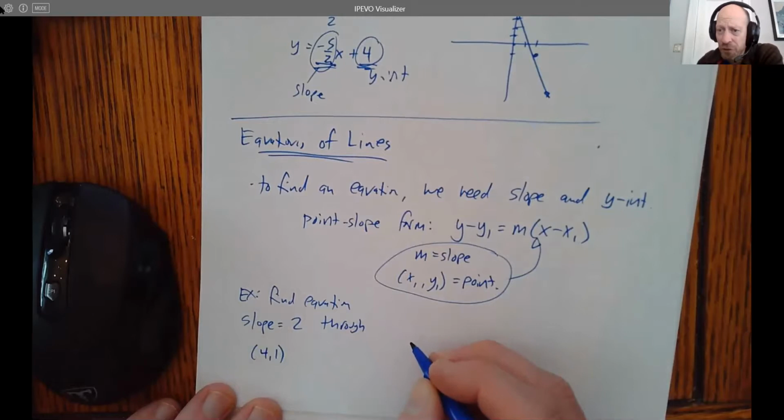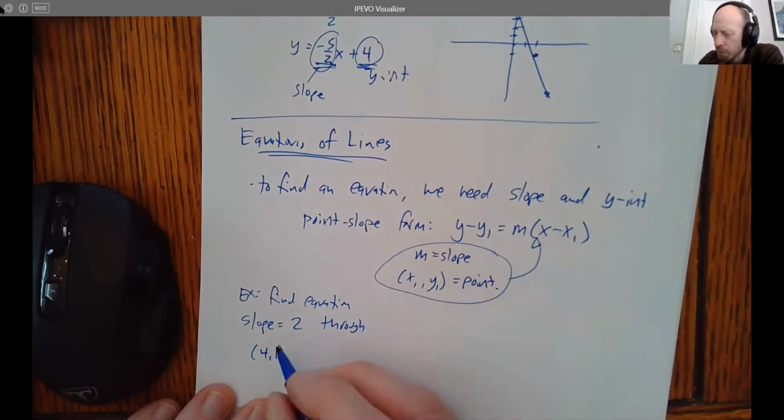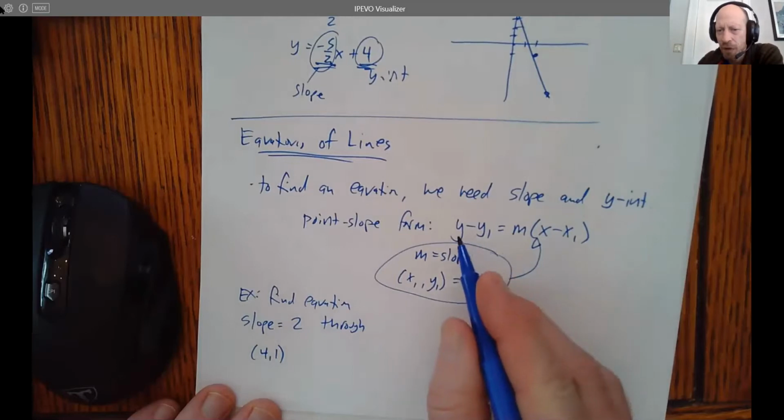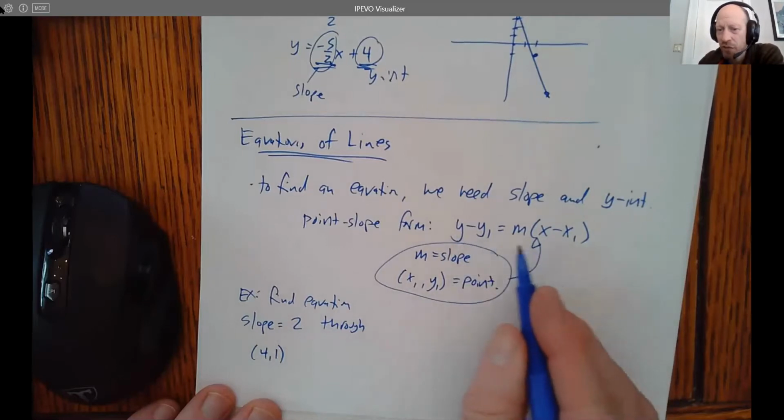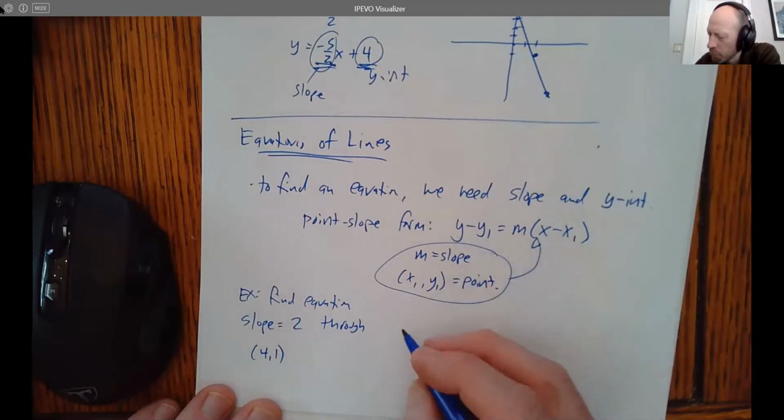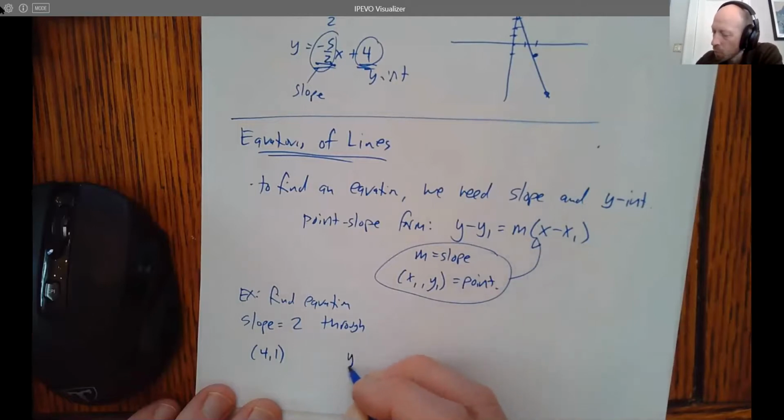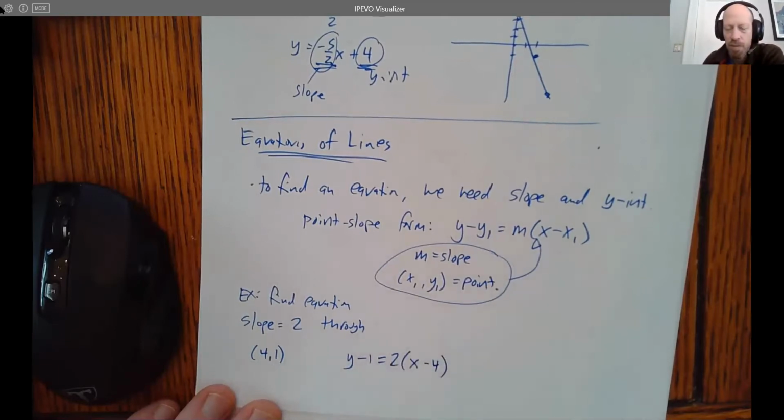So remember here, I don't know what the y-intercept is. I have a point, but this isn't the y-intercept, right? This is just some other point. So I need to calculate or find that y-intercept. I can do it using this equation here, this point slope form. y minus y1, y1 is 1, equals my slope 2, x minus x1.